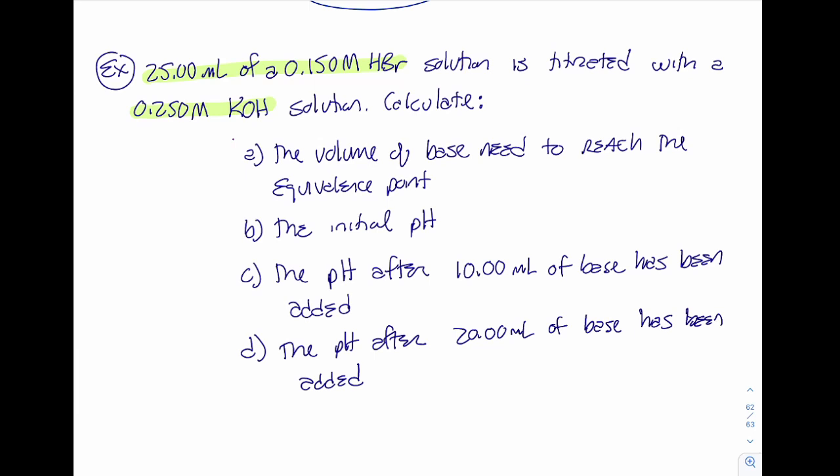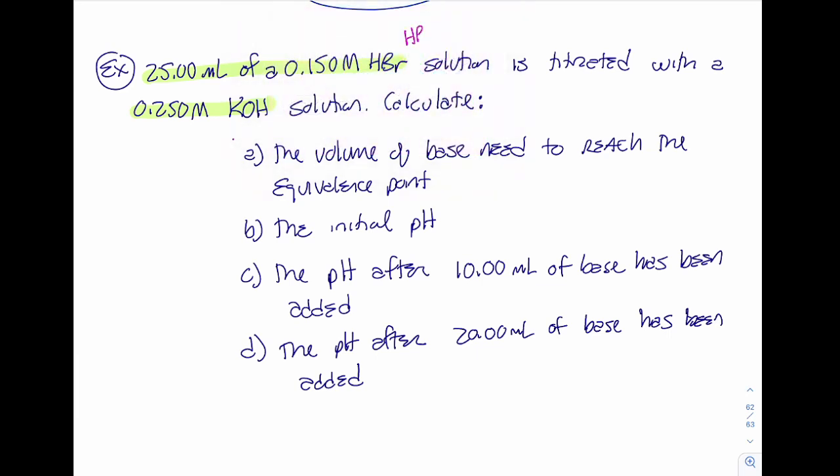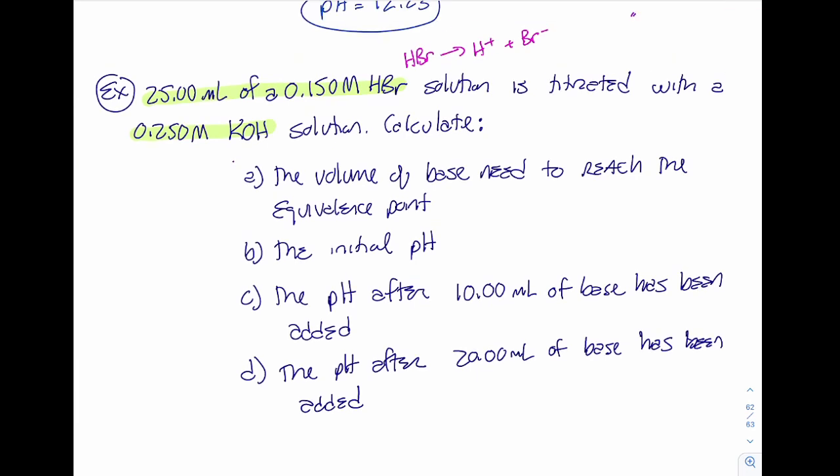So this one is a strong acid, strong base titration, right? My hydrobromic acid is completely ionized because it's a strong acid. If we were to write our neutralization reaction for this and get rid of our spectator ions, my bromine is going to get canceled out.